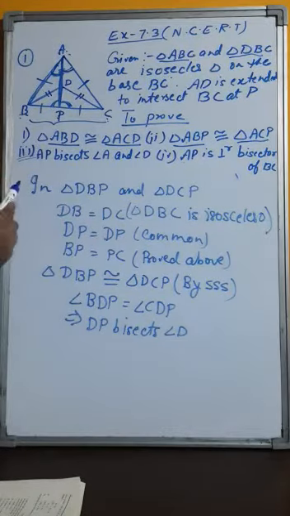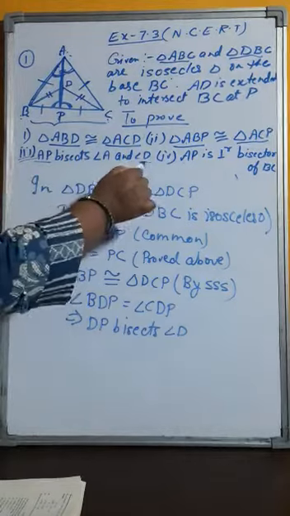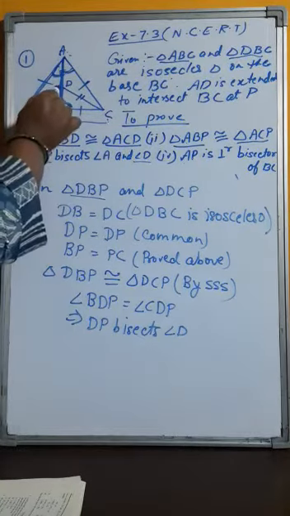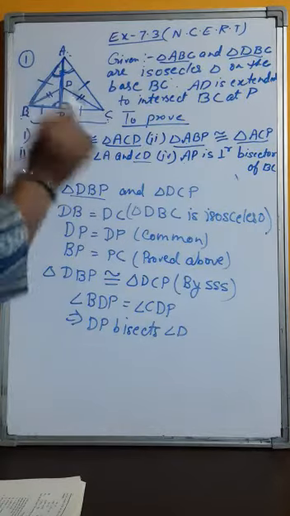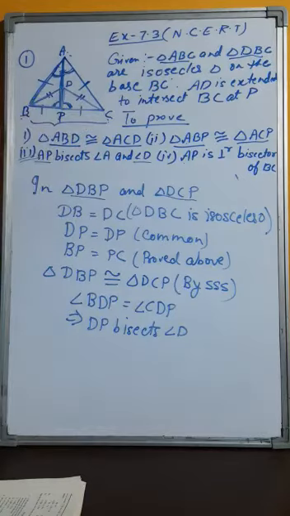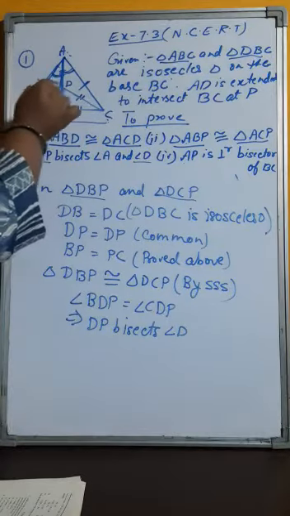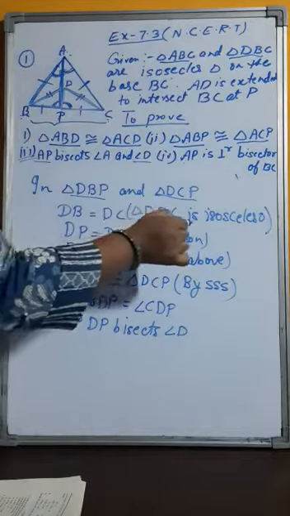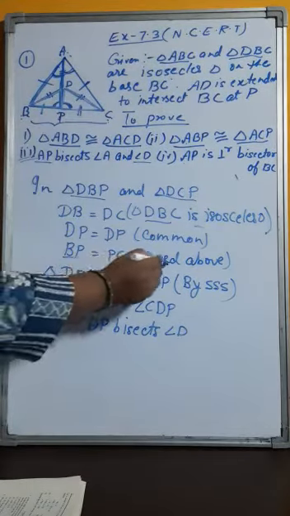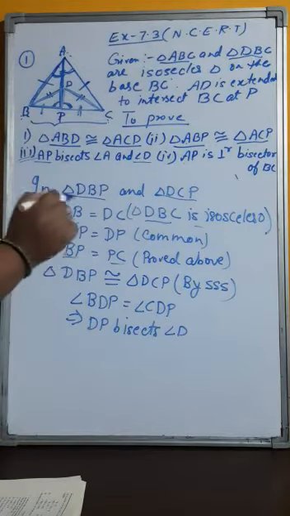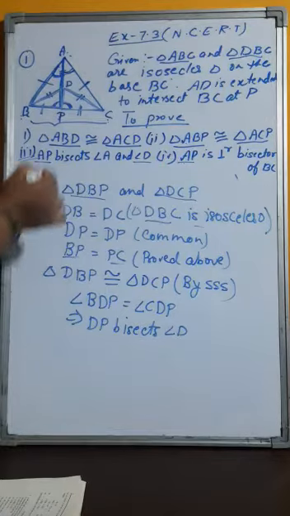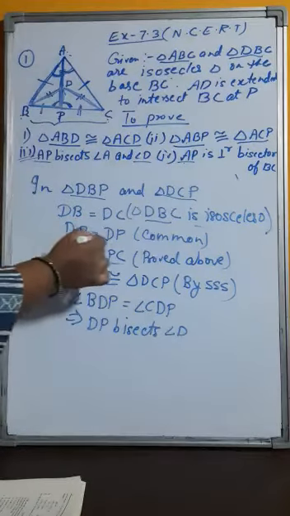Now only one part is left, that AP bisects angle D. For that we will prove triangle DBP is congruent to triangle DCP, which is here. So we have DB equal to DC because DBC is an isosceles triangle. BP is equal to PC, which we have just proved because AP is the perpendicular bisector of BC, and DP is common in both.